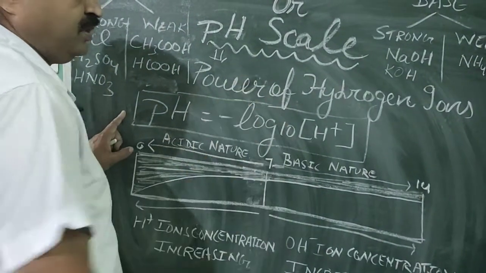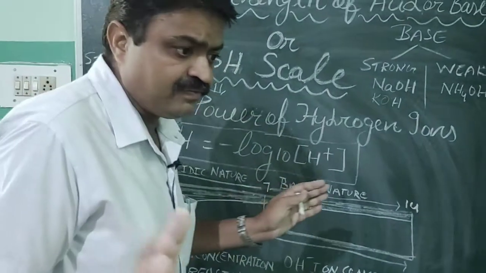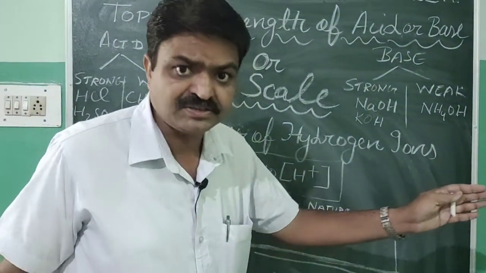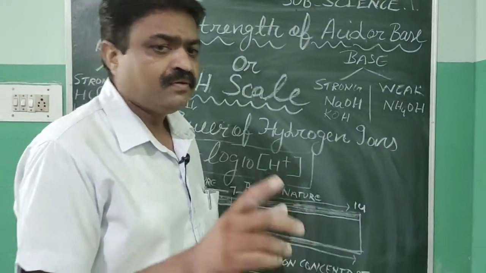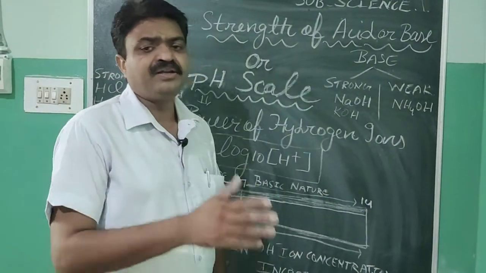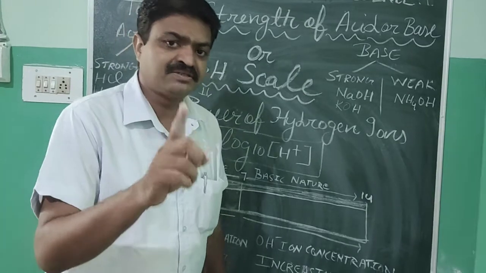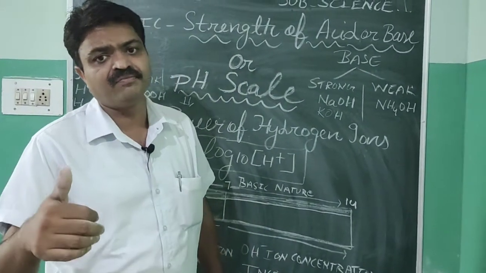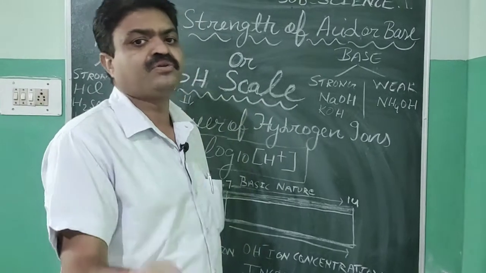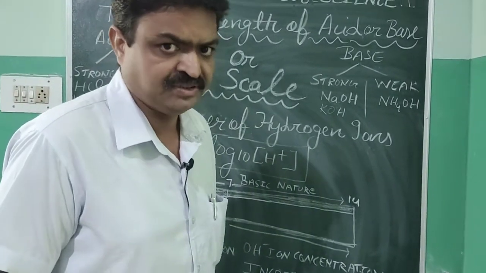This is the formula. Now, what is it? It is a scale, and with the help of that scale, we can measure the nature of a particular chemical substance, and it is the scale from which we can know the acidic, basic, or neutral nature of a chemical substance.